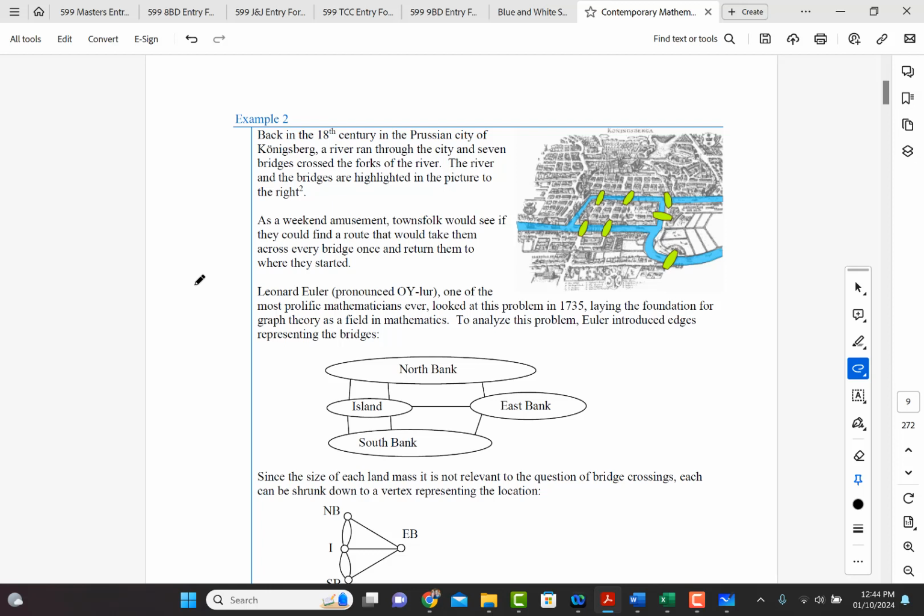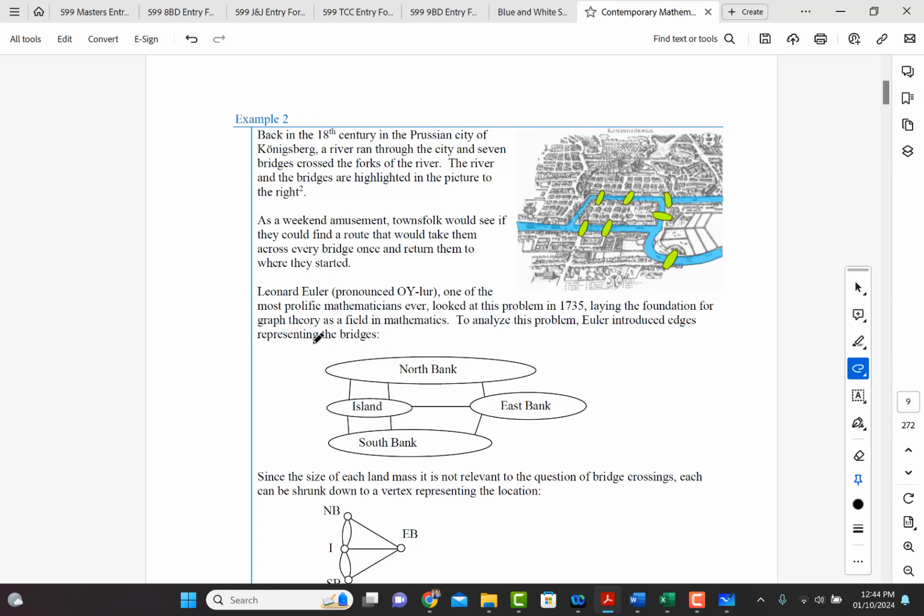Now, Leonhard Euler, one of the most prolific mathematicians ever, looked at this problem in 1735, laying the foundation of what we're going to call graph theory as a field of mathematics. Okay. To analyze the problem, Euler introduced edges representing the bridges.